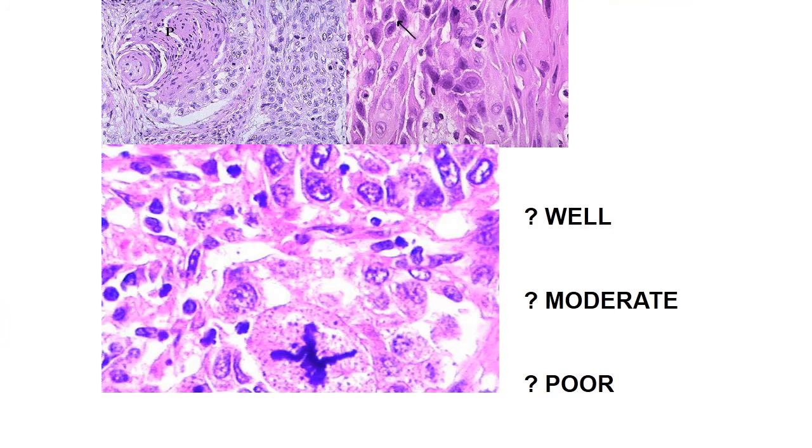So we have got two extremes. One is closely resembling the normal tissue, and another has lost its normal appearance.